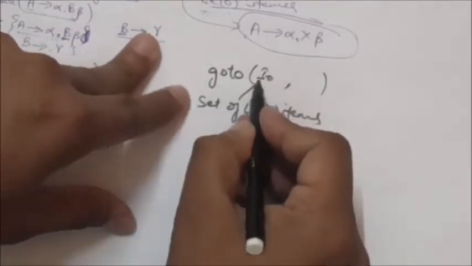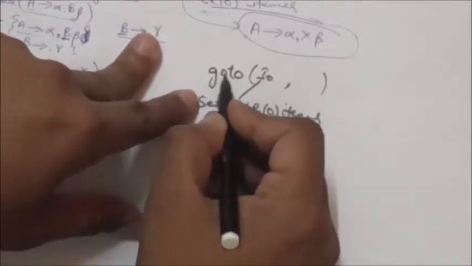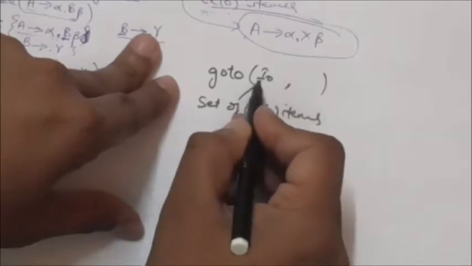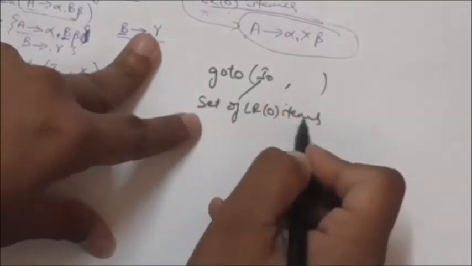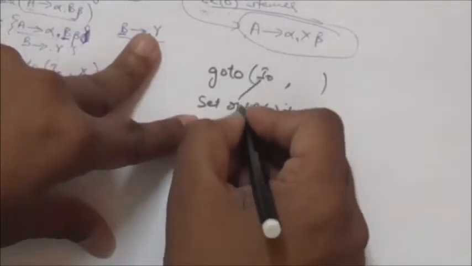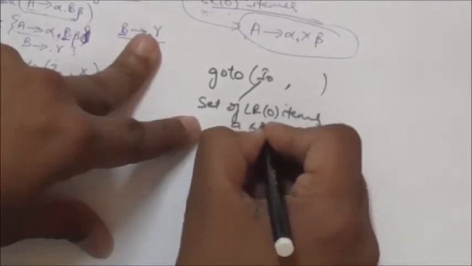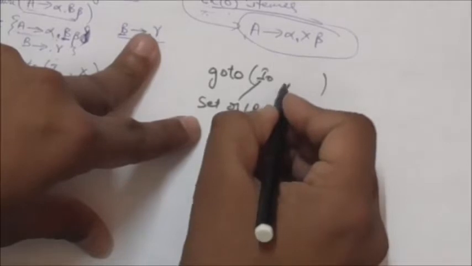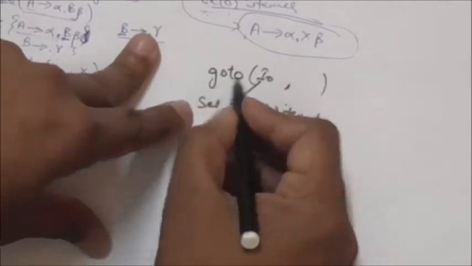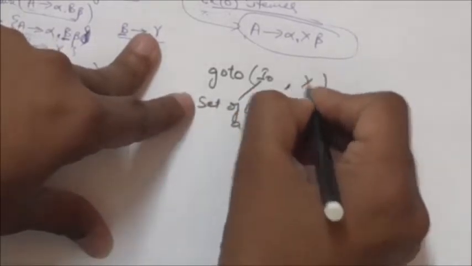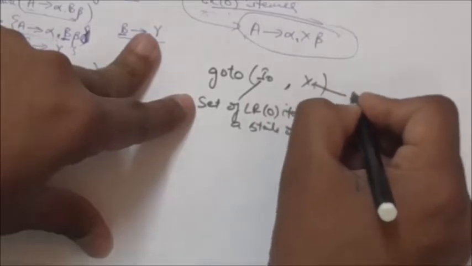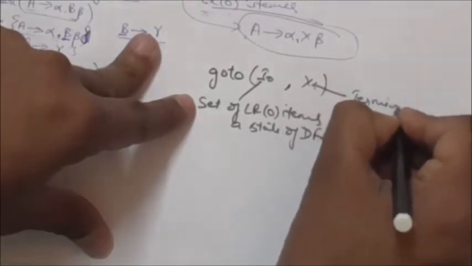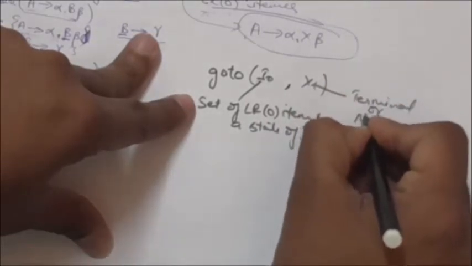Here I have represented the first parameter of this Goto function as I0, where I0 is a set of LR0 items, and it represents a state of DFA. The second parameter of this Goto function is a symbol. It could be terminal or non-terminal.